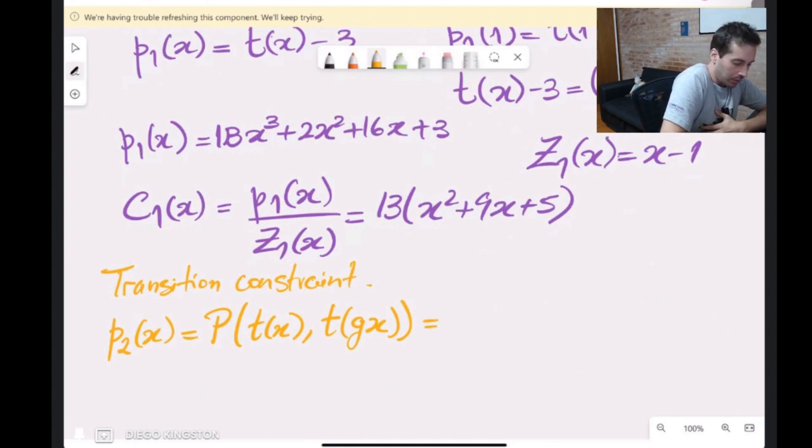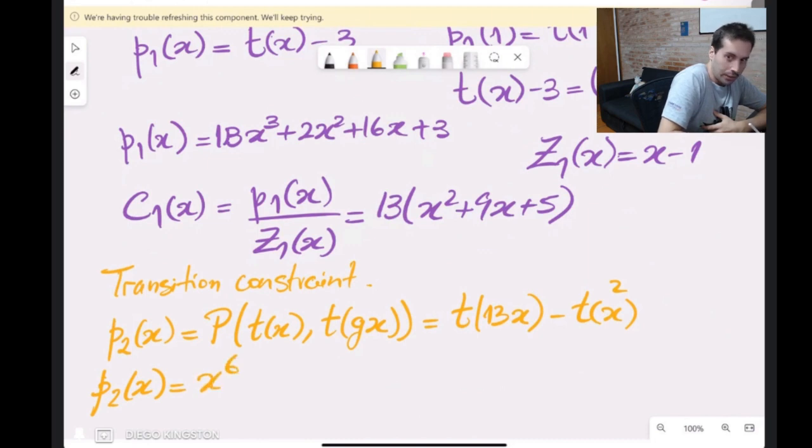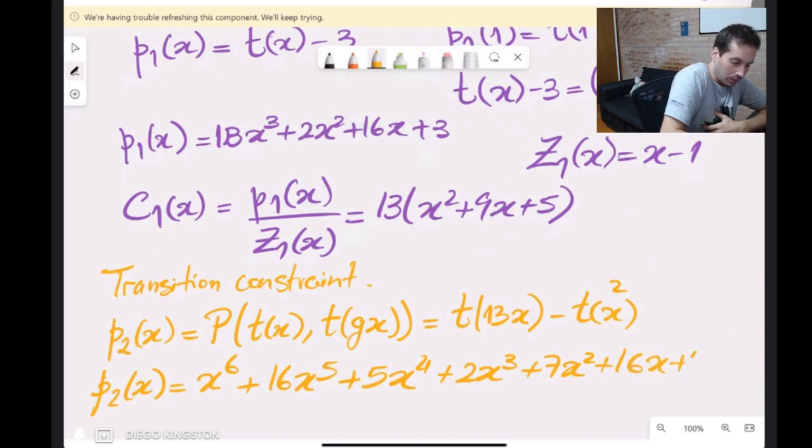And so this would be like t of 13x minus t of x squared. If we do the calculations, this is a degree 6 polynomial because the original polynomial was degree 3, and then we take a square, so we get that value. And this is the form of this polynomial.